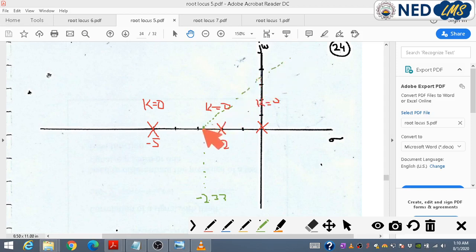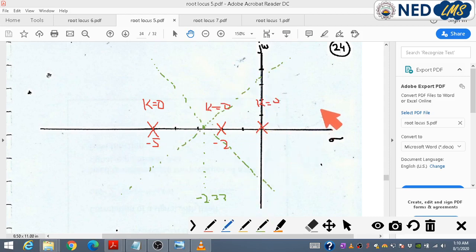If I proceed along this line, this would be 240 degrees, and if I measure an angle of 120 degrees with respect to the real axis, and proceed along this one, this would be 300 degrees. So making this straight line, we have all the angles.